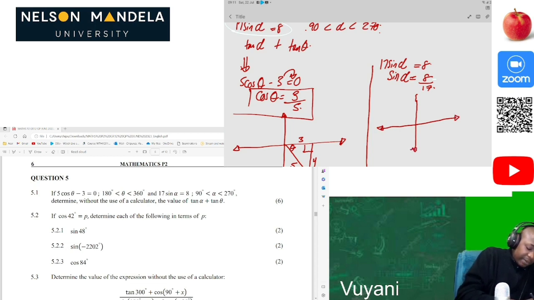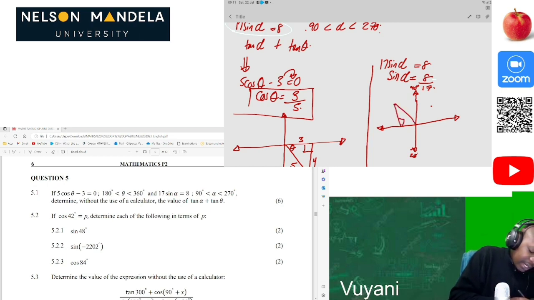We know that sine is positive in the first and second quadrant. Since it's starting from 90 going forward, our next triangle will be drawn in this quadrant here.